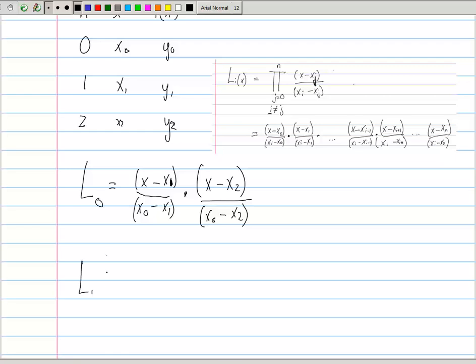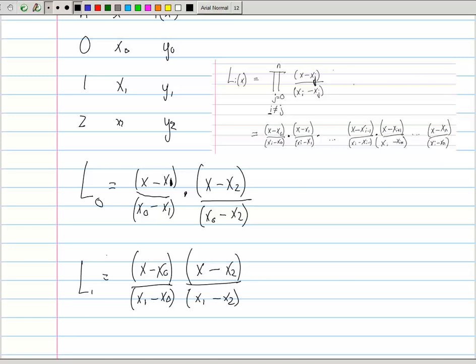Our L1, similarly, would be x minus x0 divided by x1 minus x0, multiplied by our next term. Now we can't have x1 minus x1, so we'll have x minus x2 divided by x1 minus x2. And then you can see where I'm going with this.